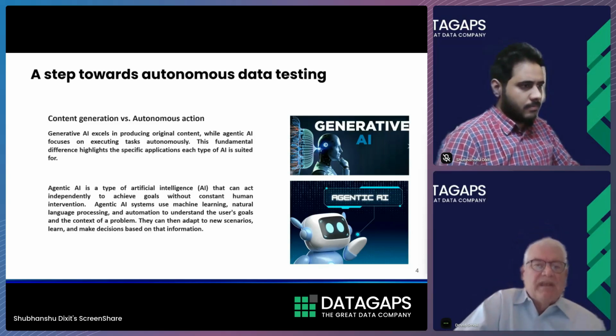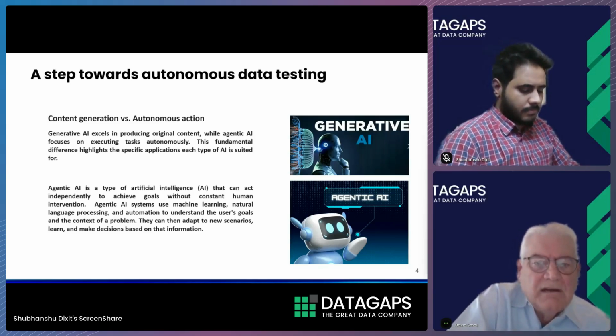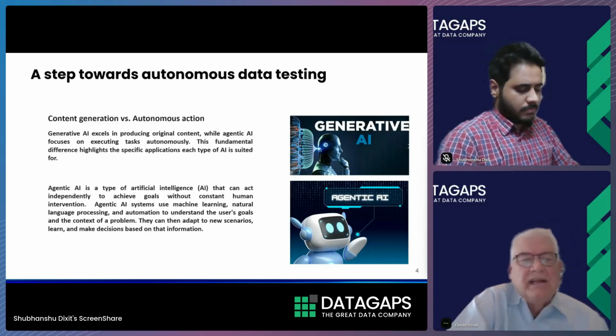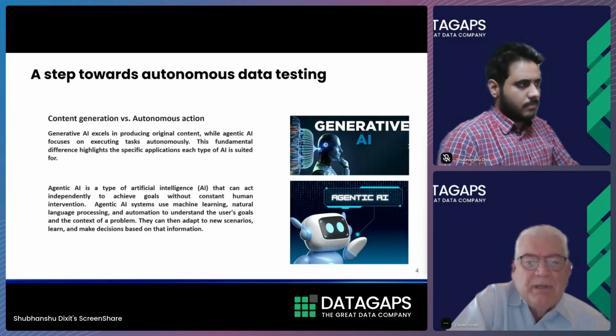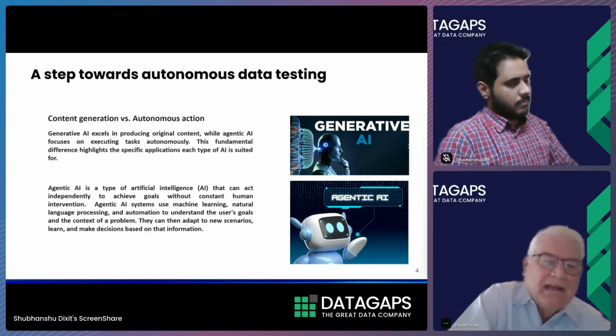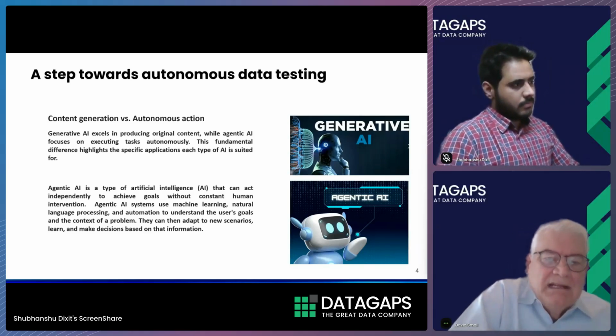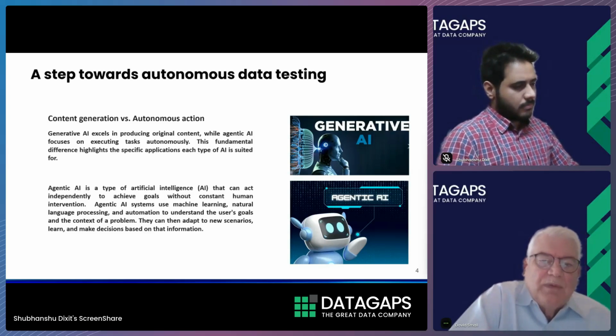So parts of GenAI are already in our product and technology, but we're also moving towards agentic AI, which is the ability of the AI to help achieve goals without constant human intervention.